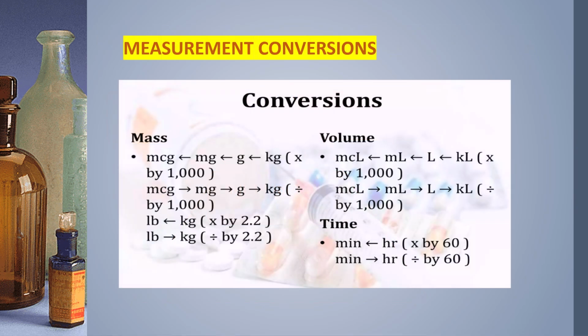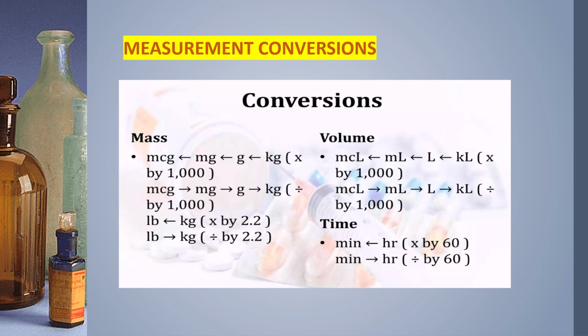Before that, just to know the conversions, when you multiply and when you divide. For example, if you want microgram to be milligram, you have to divide it by 1000. If you want milligram to be gram, again 1000, and so on. Gram to kg is 1000. So this is very clearly mentioned here. What you generally get confused about is between pound and kg.